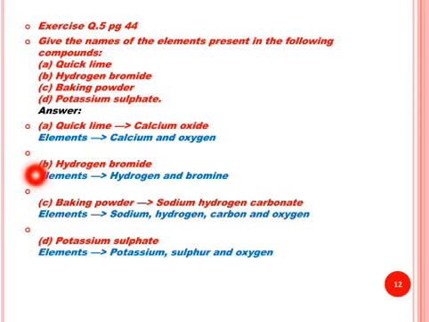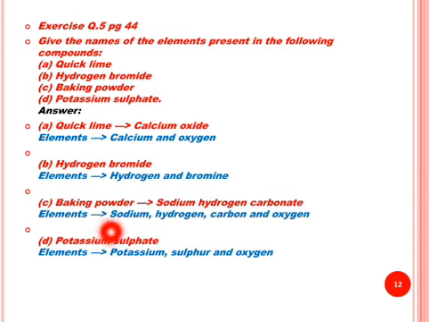Second, hydrogen bromide. In hydrogen bromide, the elements are hydrogen and bromine. Baking powder, again it is a common name, and its chemical name is sodium hydrogen carbonate. It is meetha soda, sodium hydrogen carbonate or sodium bicarbonate, and the elements present in it are sodium, hydrogen, carbon and oxygen, because carbonate is made up of carbon and oxygen.